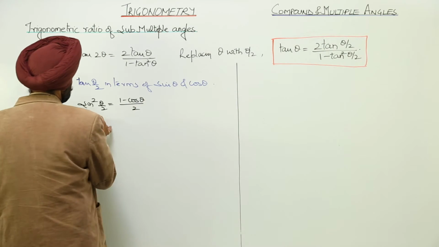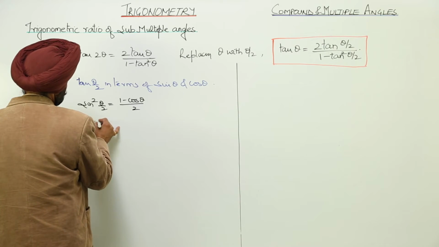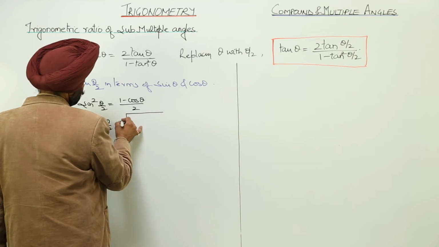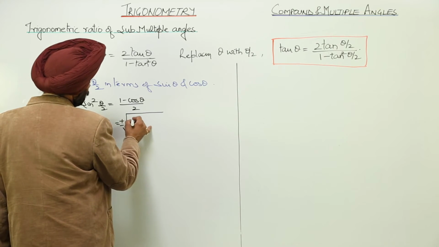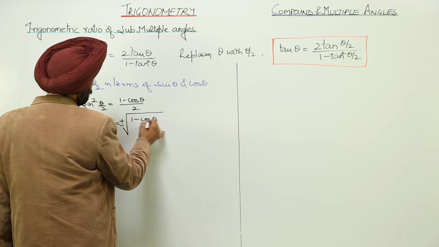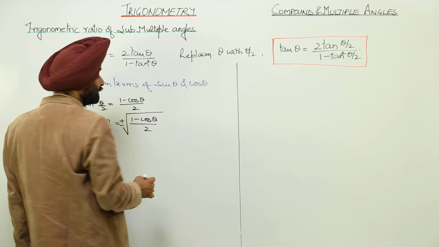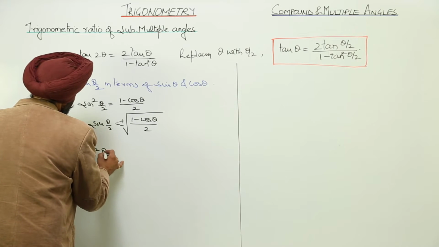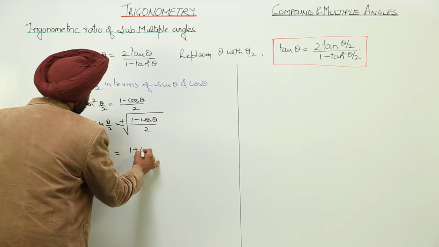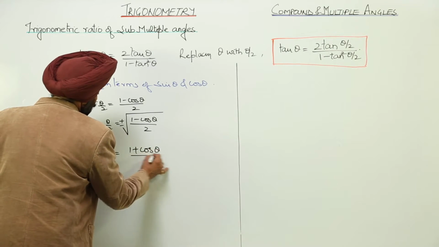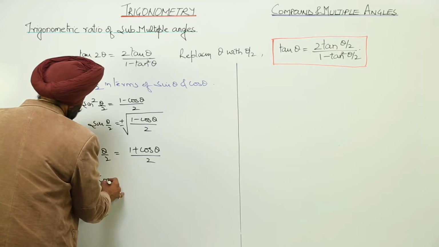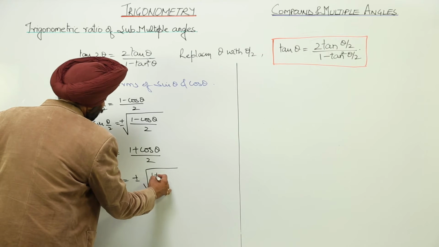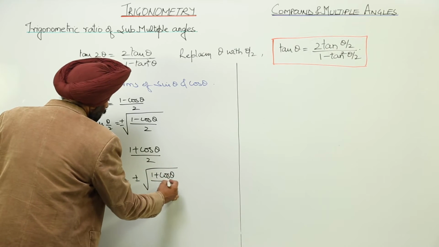Okay. So sin theta by 2 is equal to plus minus square root of 1 minus cos theta upon 2. One thing. Similarly, cos square theta by 2 is equal to 1 plus cos theta upon 2, and cos theta by 2 is equal to plus minus square root of 1 plus cos theta upon 2.